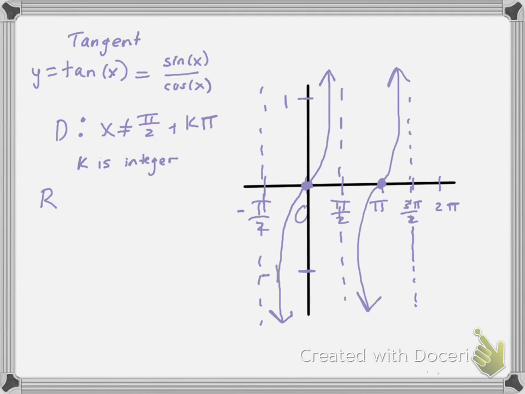So any multiple of pi plus pi over 2 is going to be an asymptote. So pi over 2 plus pi is 3 pi over 2, and those are all asymptotes. And the range is going to be all reals here, because we can see that the graph goes all the way up and all the way down.